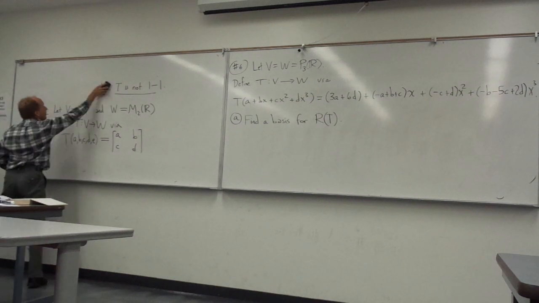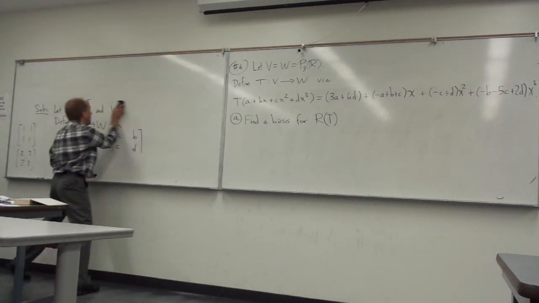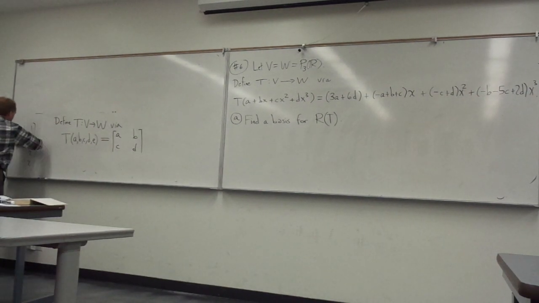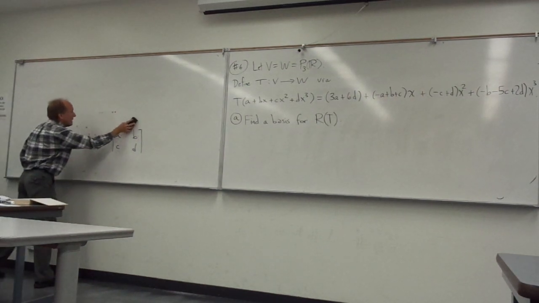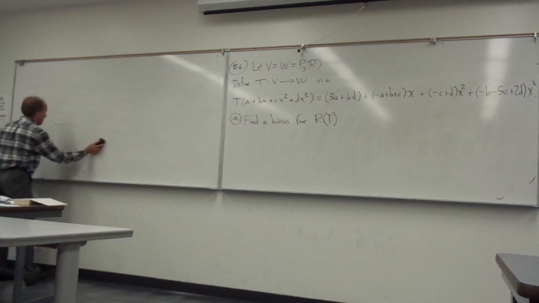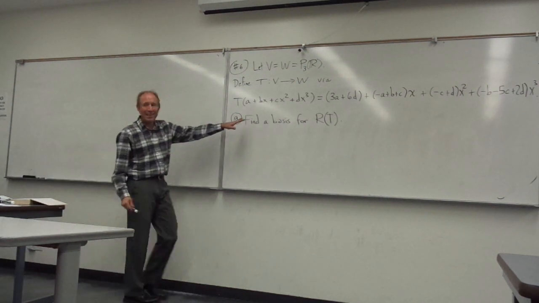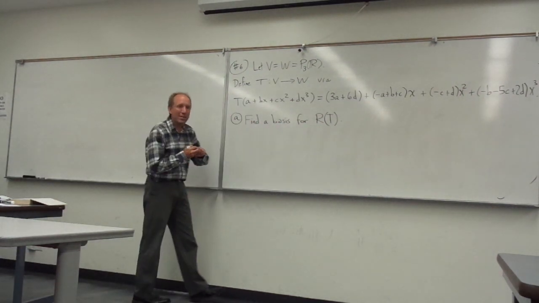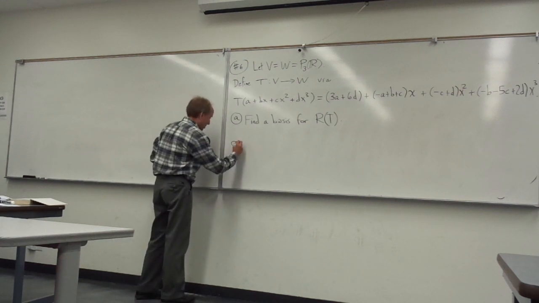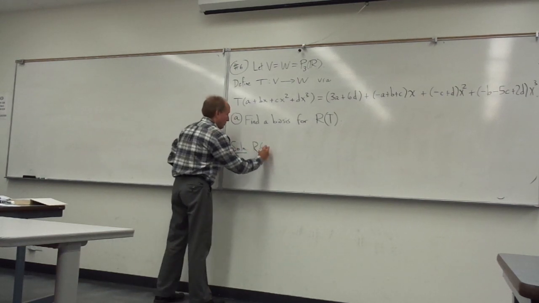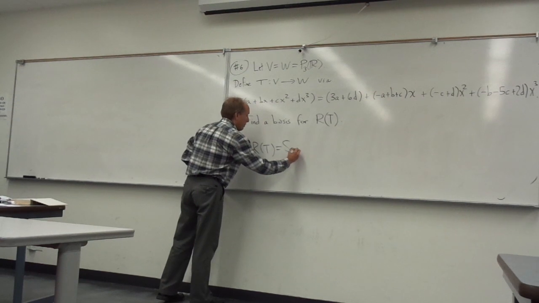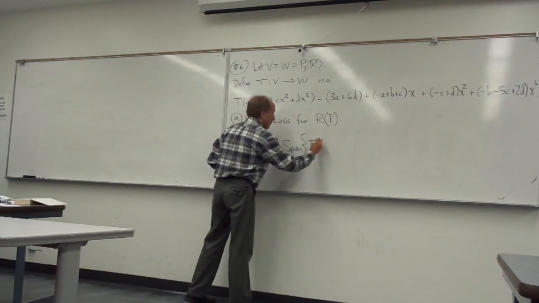Okay. So we didn't review the range of T, so I wanted to remind you about that, right? The range of T. You guys remember the range of T? How that works? The span of T(v1), T(v2) to T(vn), where we want to be in the other bases.